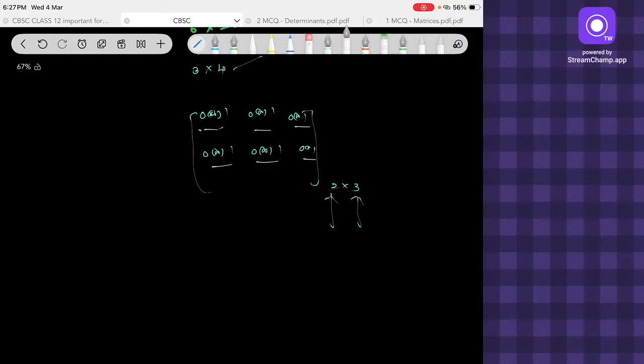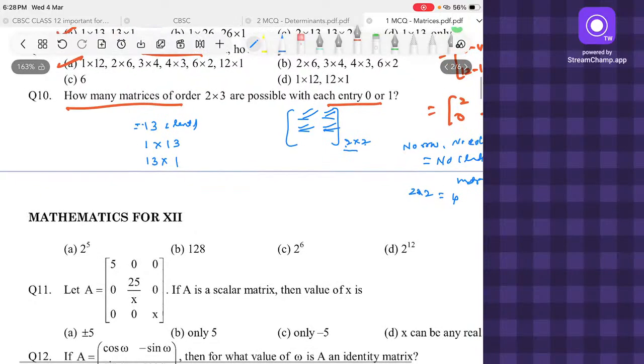That means for each position there are 2 possibilities. If you multiply all these possibilities, 2 into 2 into 2 into 2 into 2 into 2, how many? 1 2 3 4 5 6. That means 2 raised to the power of 6. These are the possible ways. That means option C is the correct option.